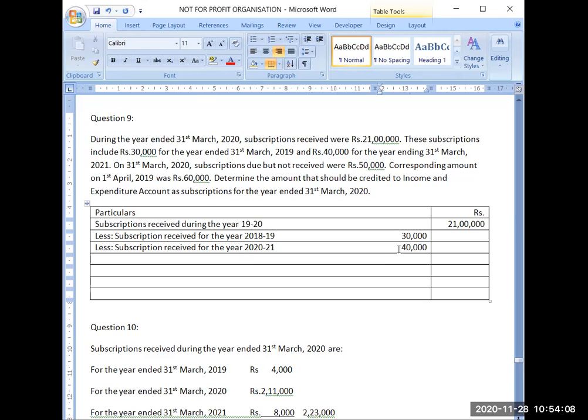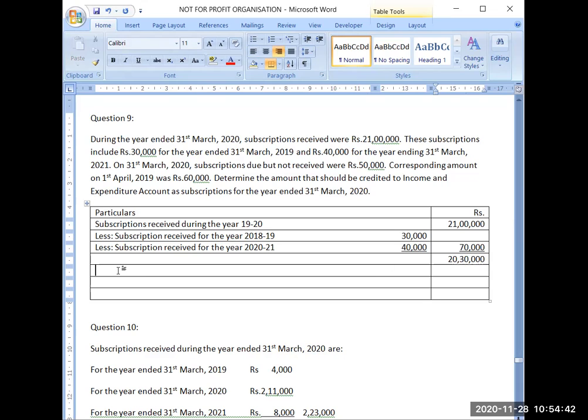And that's why the total amount deducted will be 70,000. So now it will become 20 lakh 30,000.